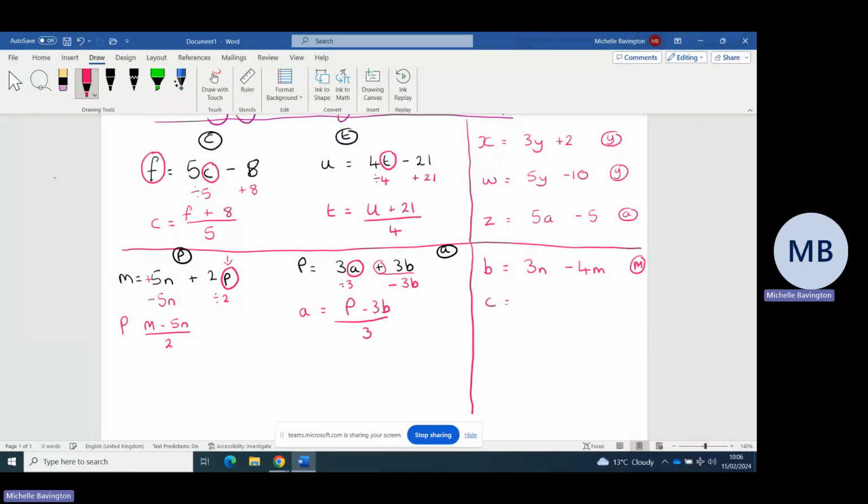And what about C equals 2n plus 2m, make m the subject. And actually, I'm going to do one more. X equals 3y plus 3p, and make y the subject.